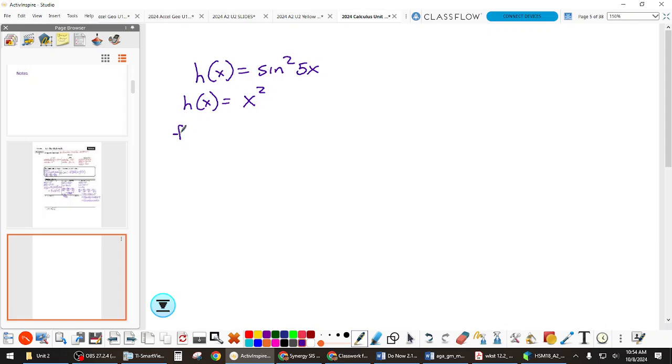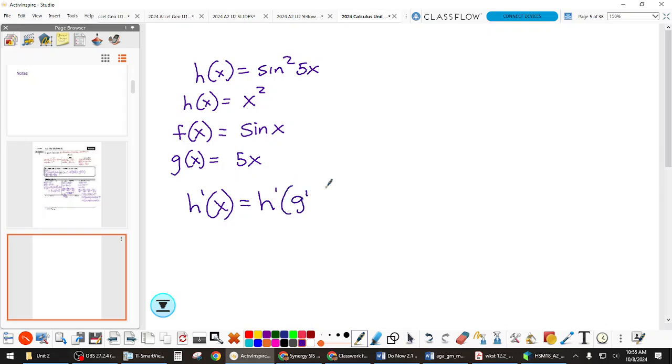And then I guess I'll cycle back to f. F of x is sine of x, and g of x is 5x. So h prime of x is h prime of f prime of g prime of x. Like that. It's a lot of things, right?